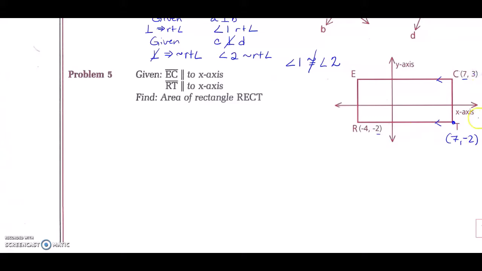Then 3 minus a negative 2 gives you the length of that side is 5. And 7 minus a negative 4 is 11. So that's that side. An area of a rectangle is the base times the width. So 5 times 11 is 55.